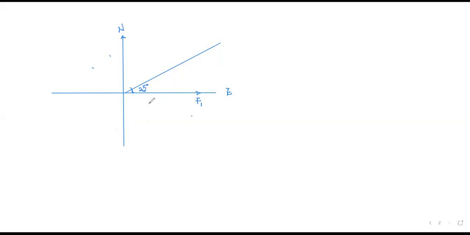Then the same resultant also makes an angle of 65 degrees with the other force, F2. So an angle of 65 degrees from the resultant must locate F2, meaning F2 is here.